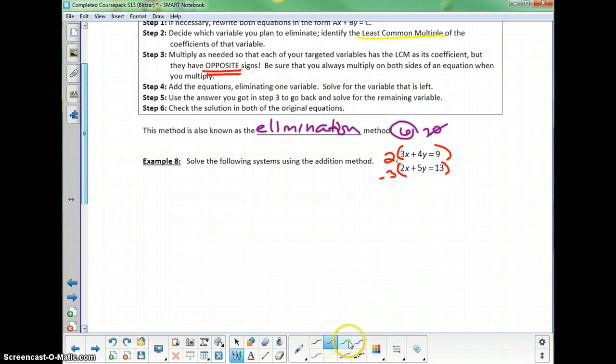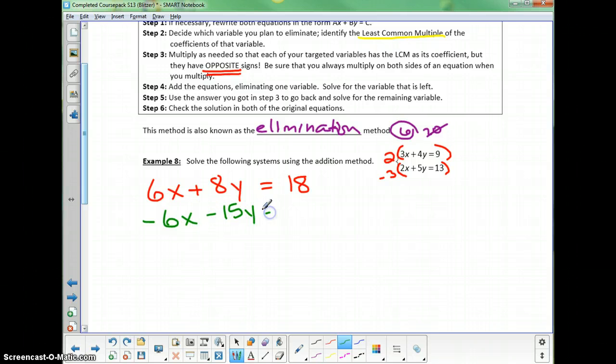I want them to be the same number, 6, but one needs to be a positive 6 while the other is a negative 6. So my top equation is going to be 6x plus 2 times 4 is 8y equals 18, making sure I multiply everything there by 2. Then the next equation is going to be negative 6x minus 15y equals negative 39, right?